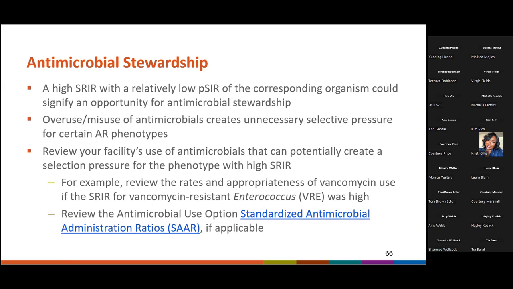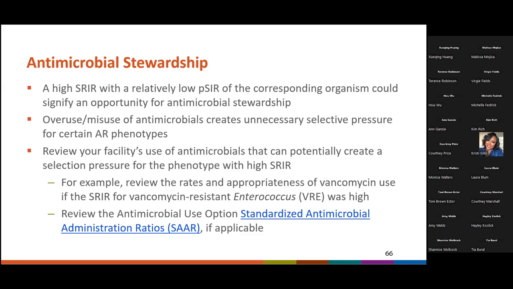In the situation of high SIR with a relatively low pSIR for the respective organism, this could signify an opportunity for antimicrobial stewardship. Overuse or misuse of antimicrobials creates unnecessary selective pressure for certain AR phenotypes. Review the rate and appropriateness of the antimicrobials that could potentially create that selective pressure for the phenotype with high SIR.